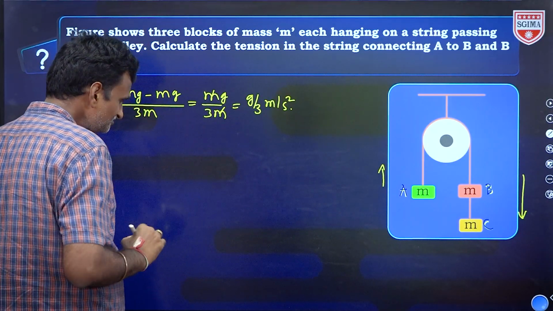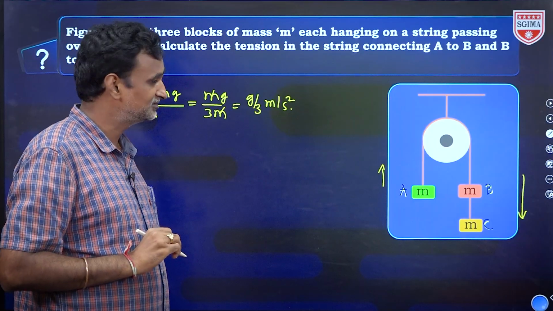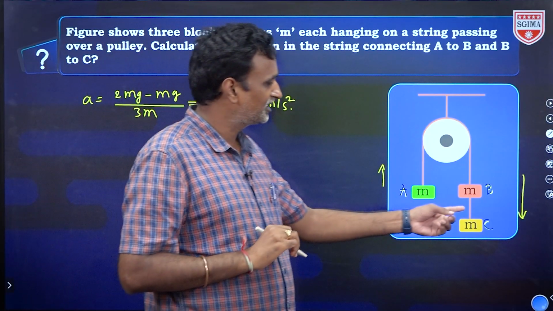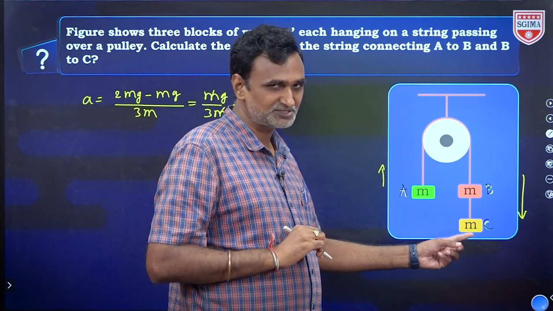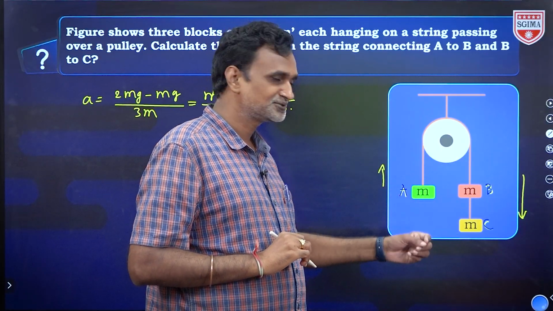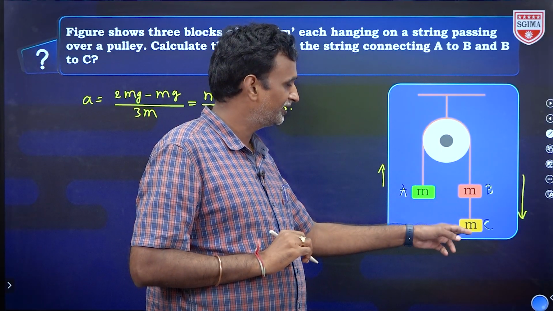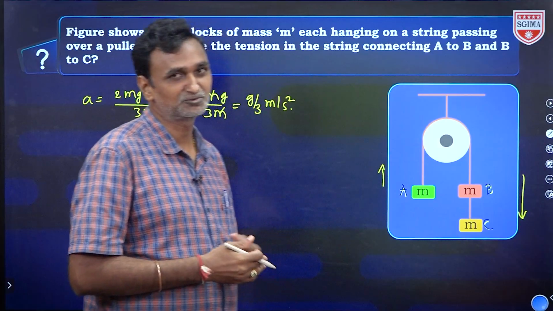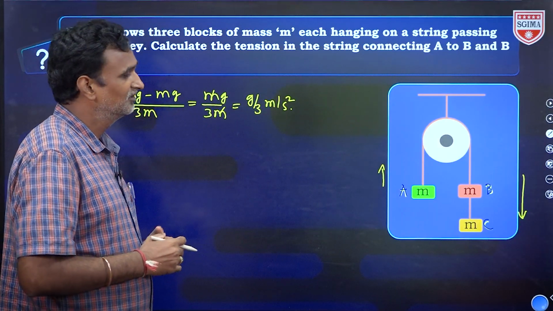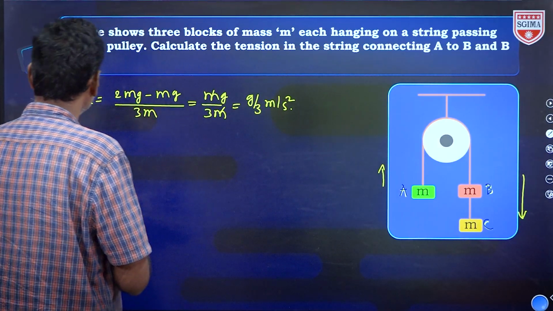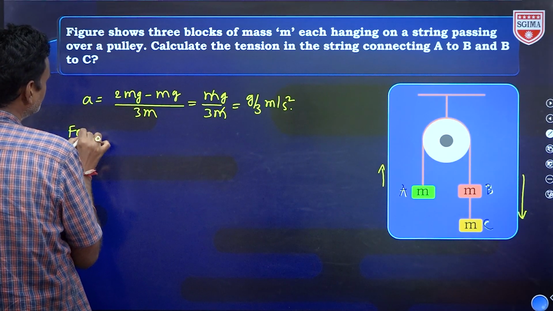So for the tension to be found out, generally in this string they are asking, only one net force equation is required. But here they asked for 2, so one equation and a second net force equation are required for the C block. So let us solve for the C block.